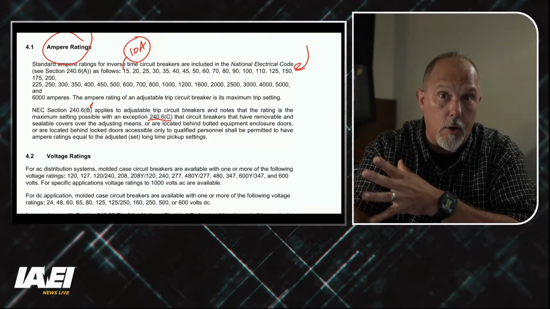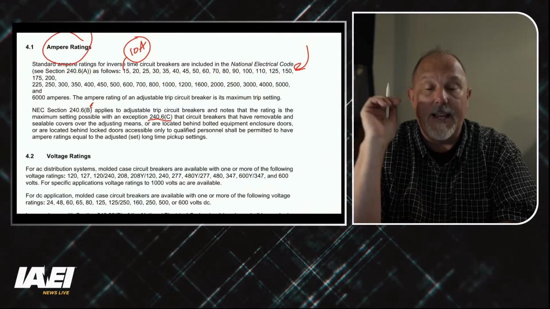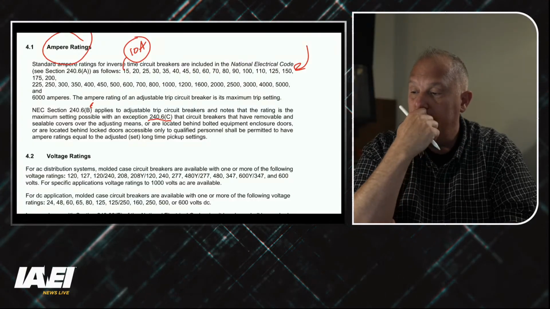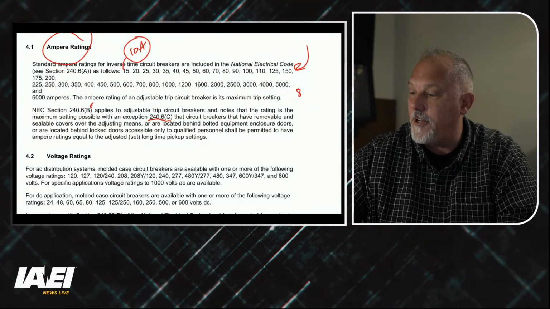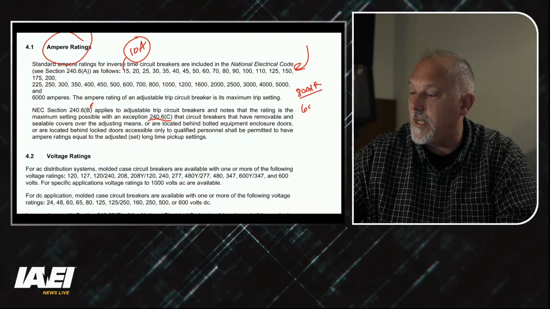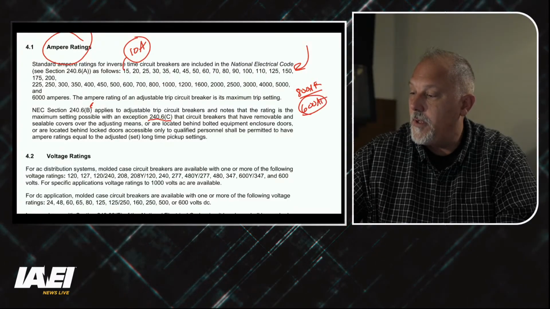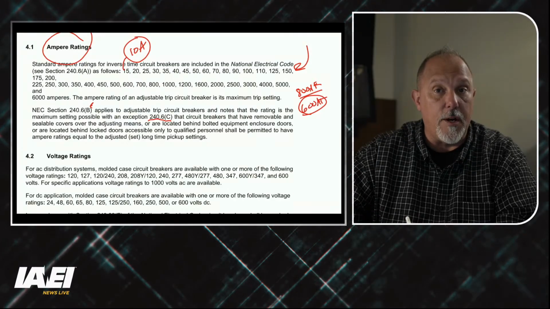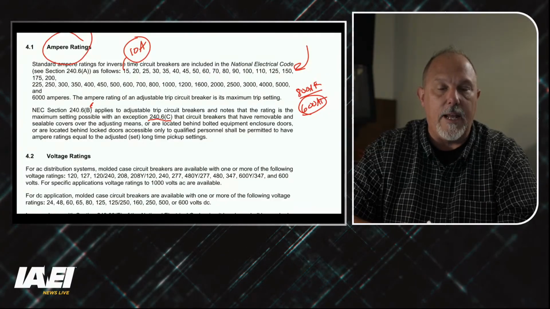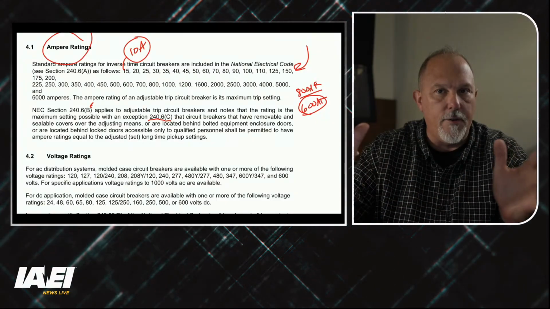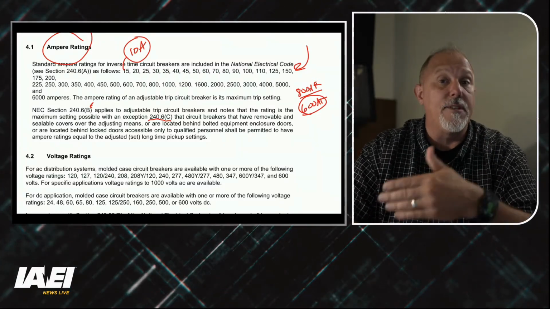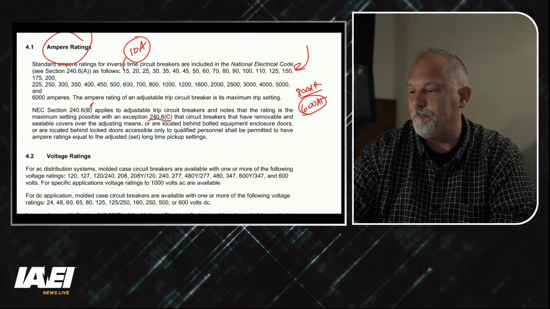I could lock the door to the electrical room and say that breaker, because it's, say, an 800 amp frame breaker that's been adjusted to 600 amps trip, that now that's a 600 amp circuit breaker, because I have met the requirements in 240.6 where I either lock the cover, or password protect it, and now it's a 600 amp breaker. I can put 600 amps worth of conductor on it, okay?